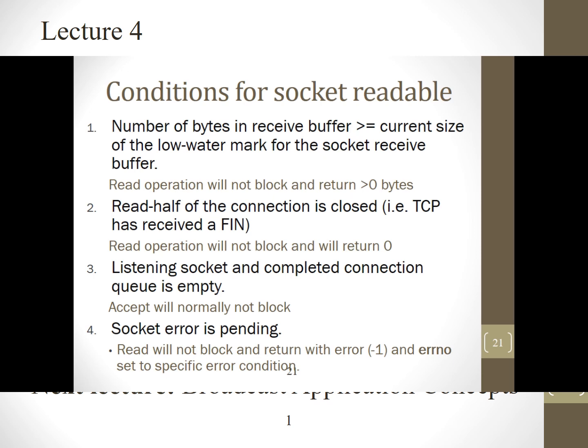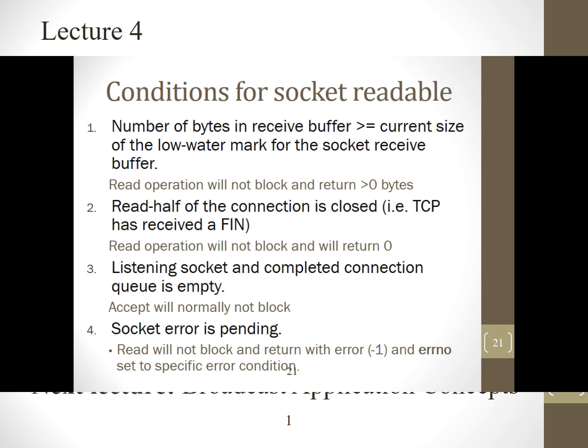The second condition for socket readable, it says here, the read half of the connection is closed. So we all know that in a TCP client server, the client connects to the server, a 3-way handshake is done, and then some read write operation is done, and at the end the client calls close.